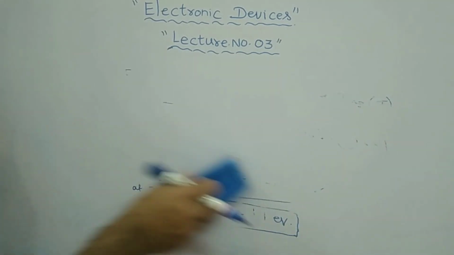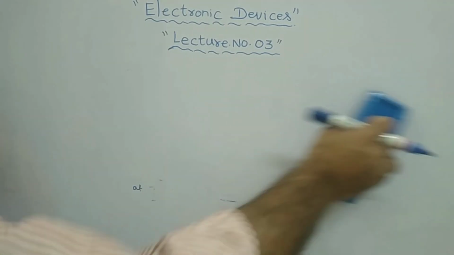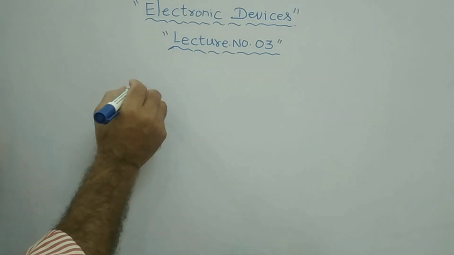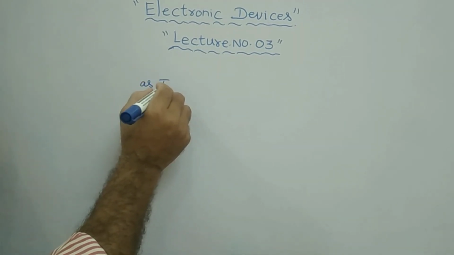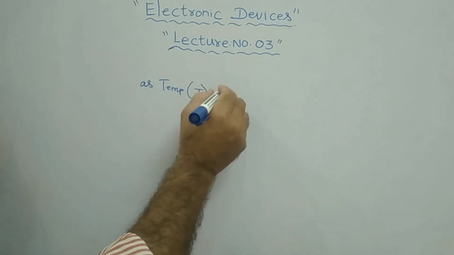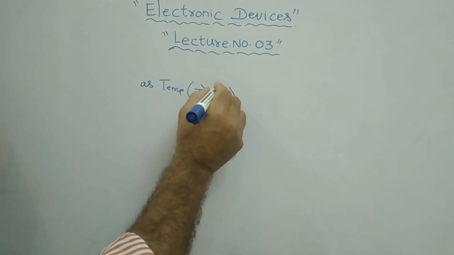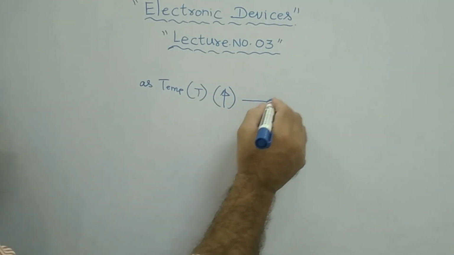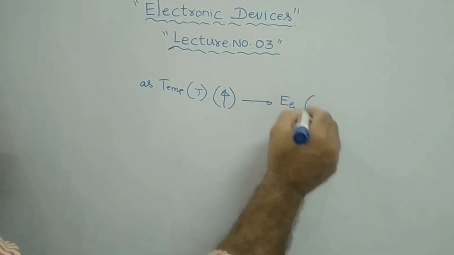That is a very, very important point actually. Right? So as temperature T increases, you can use this symbol. As temperature T increases, then correspondingly your Eg, energy gap, what will happen?